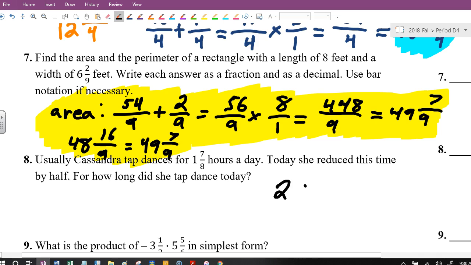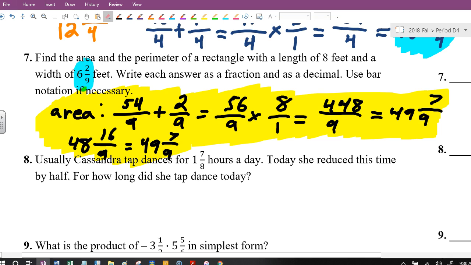Okay, 28 and 4/9. But I think it's so much easier times 2, right? If we had 6 and 2/9, and we're multiplying it times 2, we don't have to turn it into an improper fraction. As a matter of fact, that's going to be too big, huh? Wow.